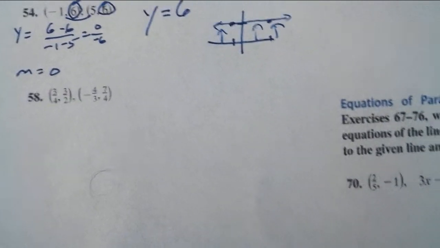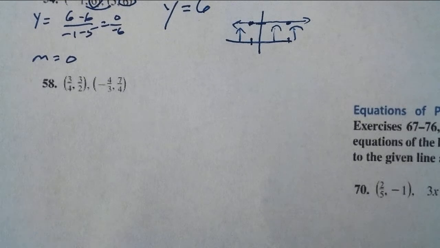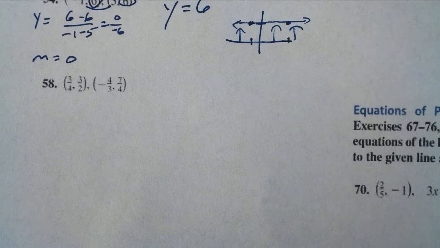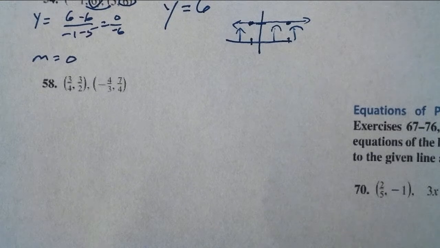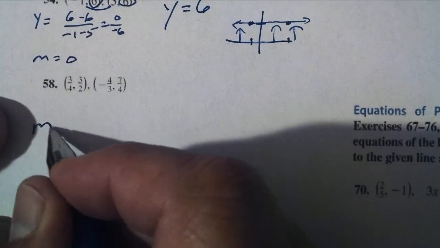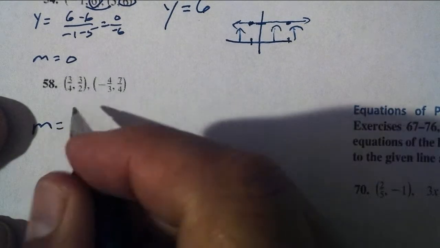Okay, 58, just maybe a little bit messier because we have a lot of fractions to deal with here. I don't have any problem with you setting this up and using your fractional calculator. Even on an AP exam, this would probably be on a calculator portion, but we're going to go through this by hand. Slope: I've got 3/2 minus 7/4.